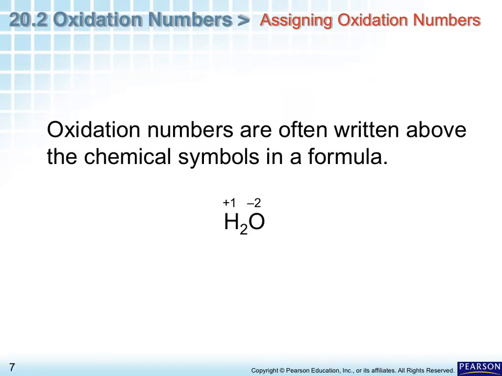When we write oxidation numbers, we write them above the formula, and oxidation numbers are assigned by individual atoms.